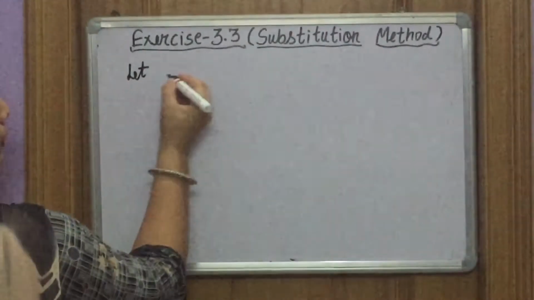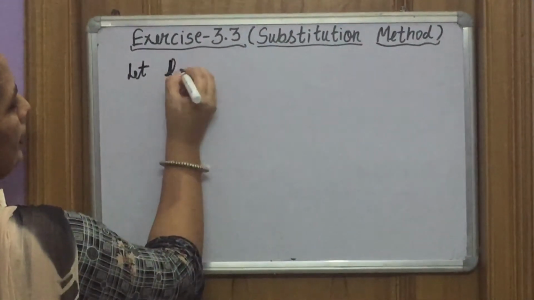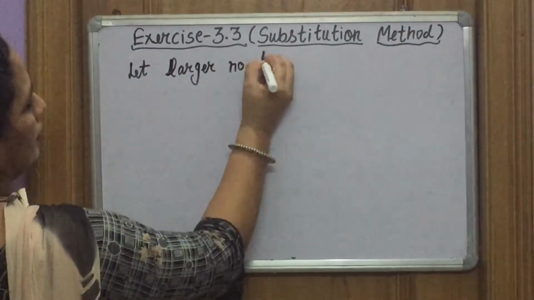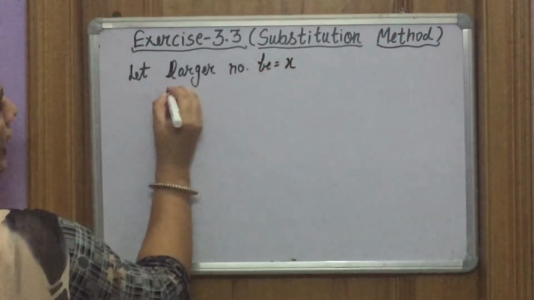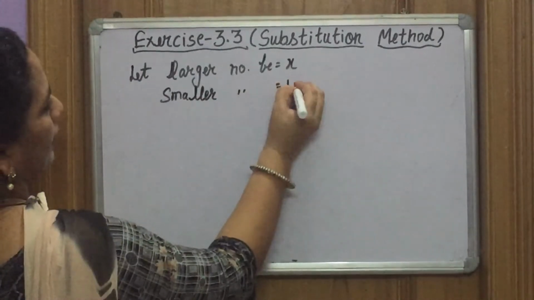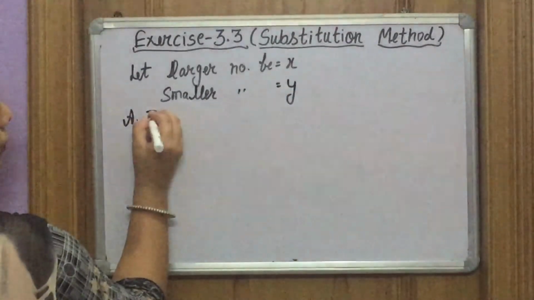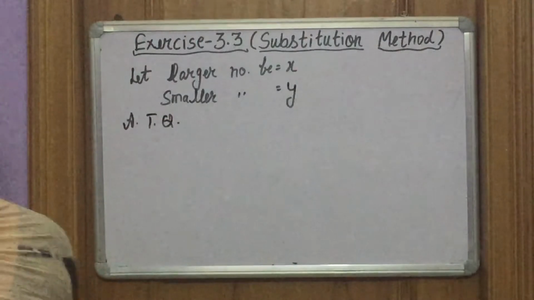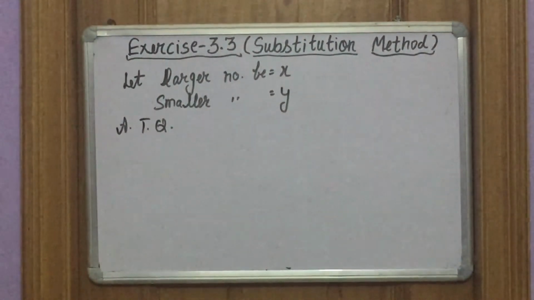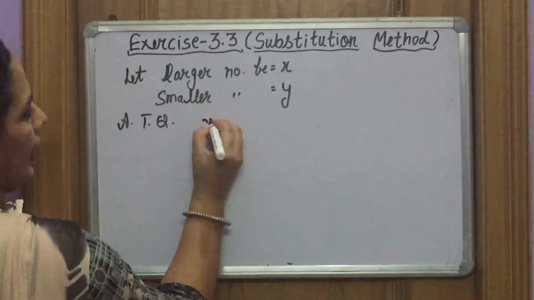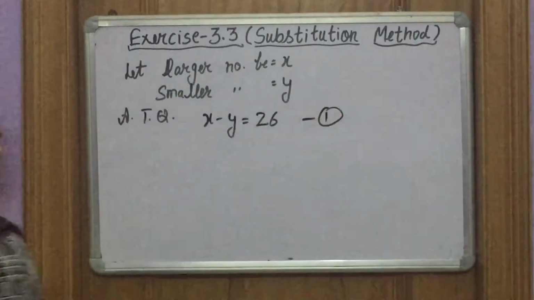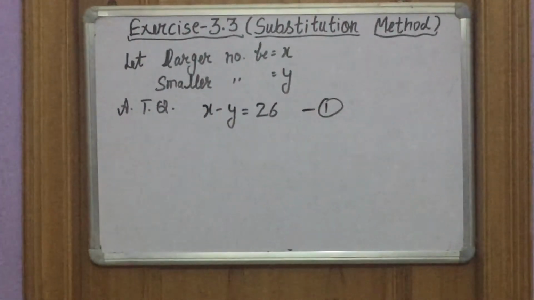So here we suppose let the larger number is x and the smaller number is y. Then according to the question, the difference between two numbers is 26. So here we will write that x minus y is equal to 26.